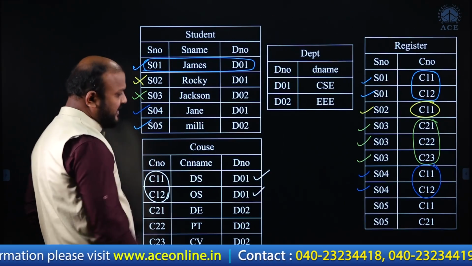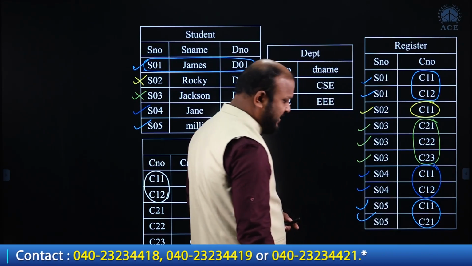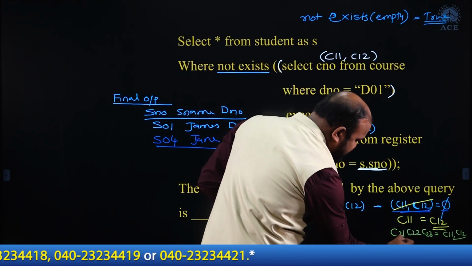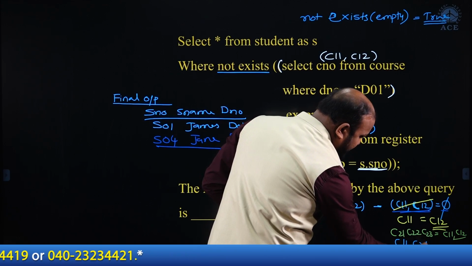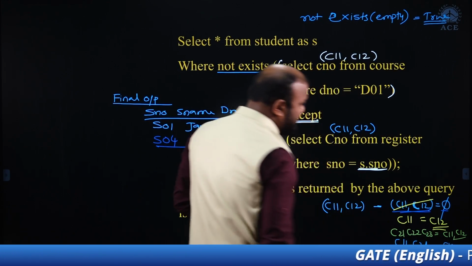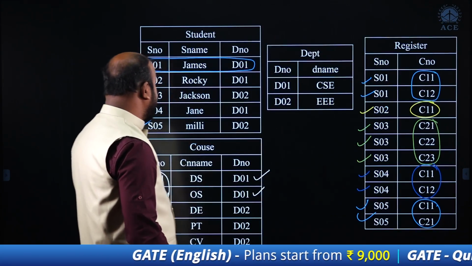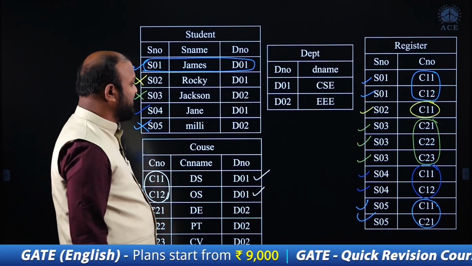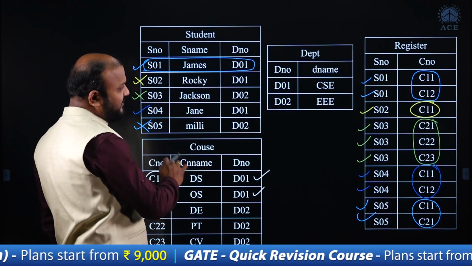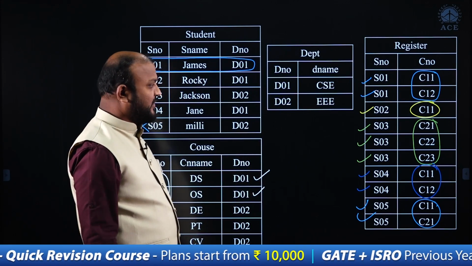Look at S05, which has C11, C21. Now, what is the output of the second query? C11, C21. What does it give you? C12 in the output. It means that when you have an output, not exists of output returns false. It is false for S05 also. So, for every student, we have verified the registration table for the second query output.